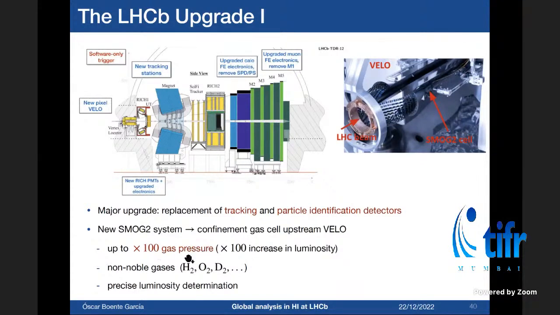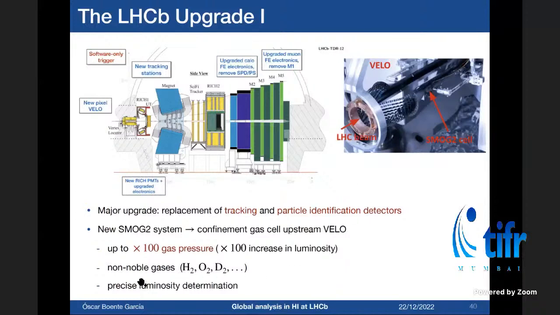This allows us to inject more pressure without significantly disturbing the LHC vacuum, and this means a 100 times increase in the luminosity that we get. Also, the cell will allow us to inject other gases like hydrogen, oxygen, and deuterium. Hydrogen would be very important to get our RAA and RpA measurements.